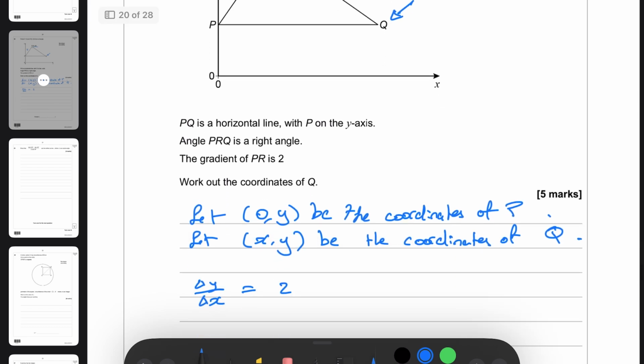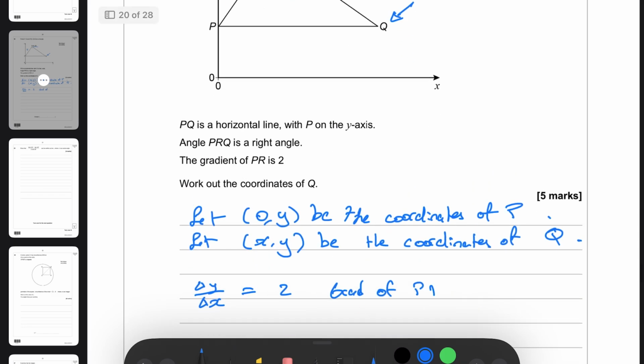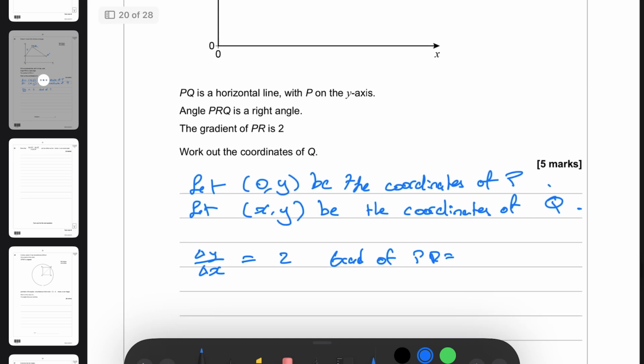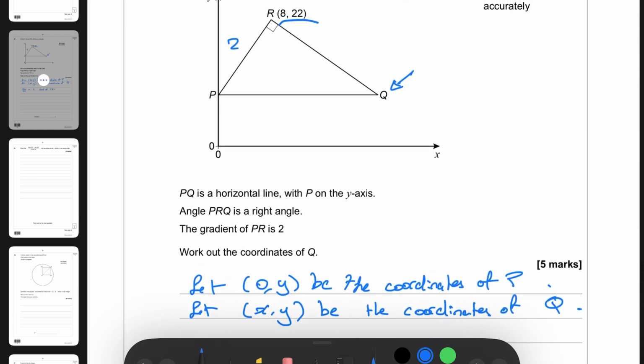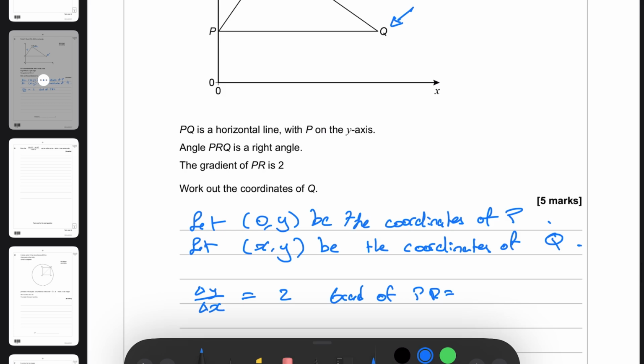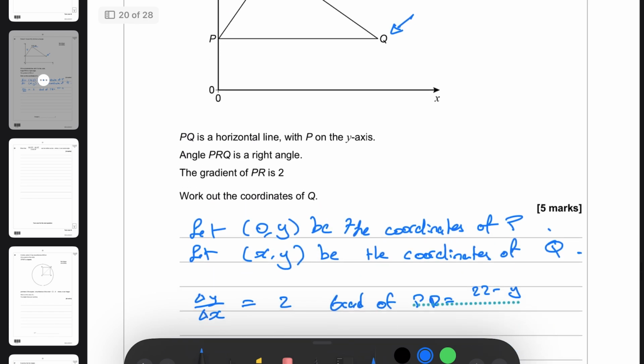So the gradient of PR is equal to the change in y divided by the change in x. The change in y is equal to 22 minus y, right? And the change in x is equal to 8 minus 0.